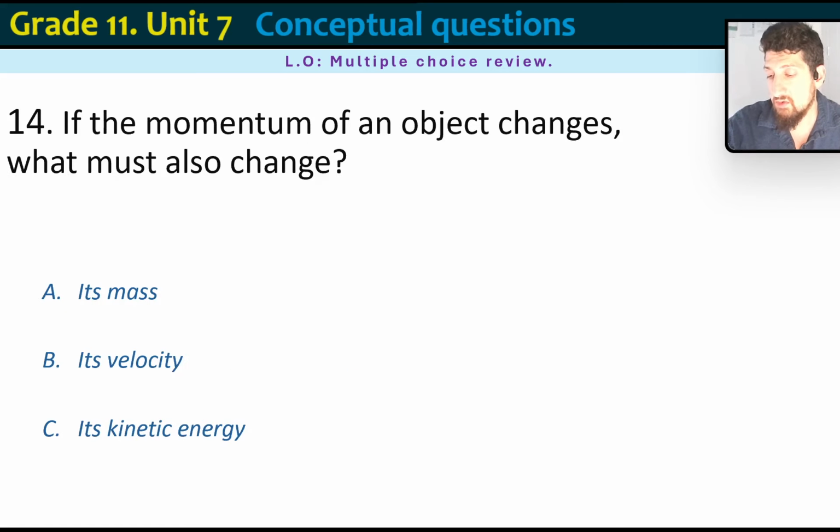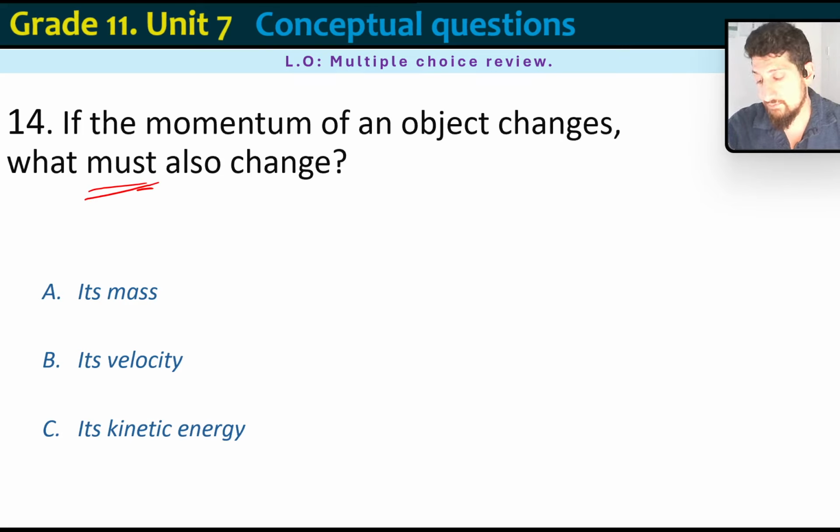Number 14 says, if the momentum of an object changes, what must also change? Its mass, its velocity, its kinetic energy. Now the key word here is must. What must change?